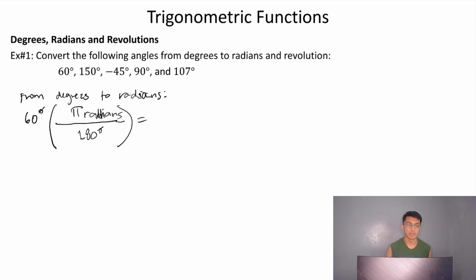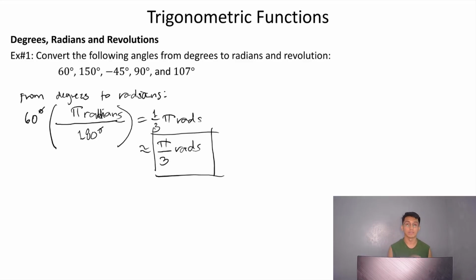If we simplify this fraction, we get 1 over 3, so 1 over 3 pi radians, or simply pi over 3 radians. So, this is the conversion from degrees to radians.